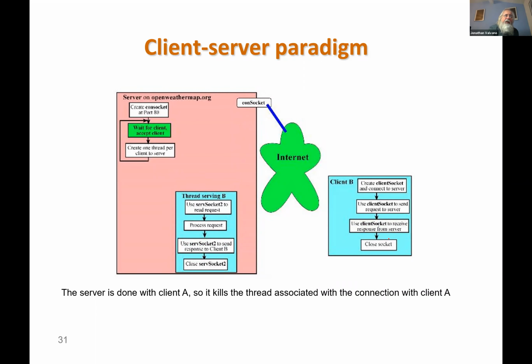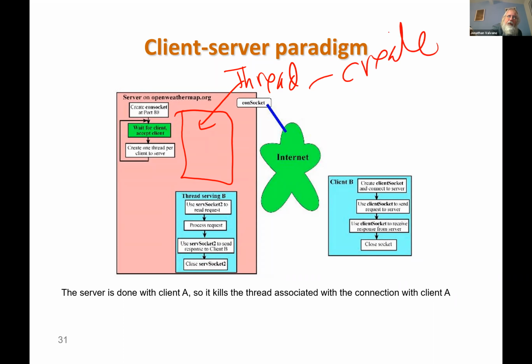So let's ask some basic questions. What did the client do to create a thread here? And what created it, what used it, and what destroyed it? Do you see?